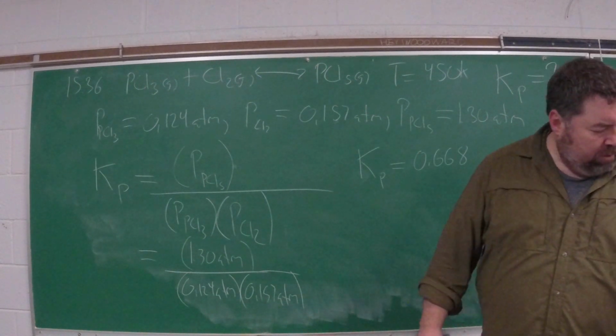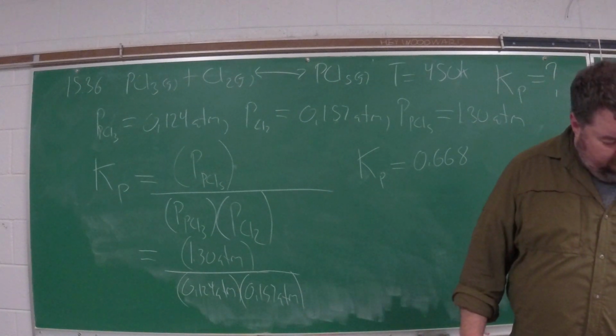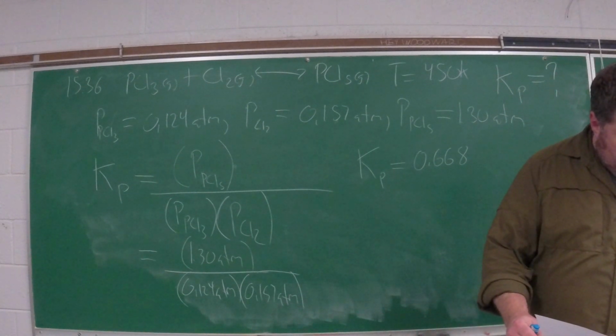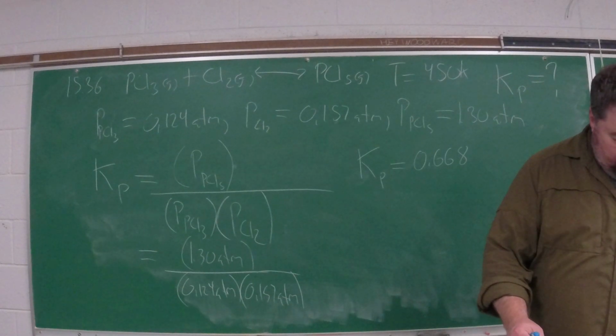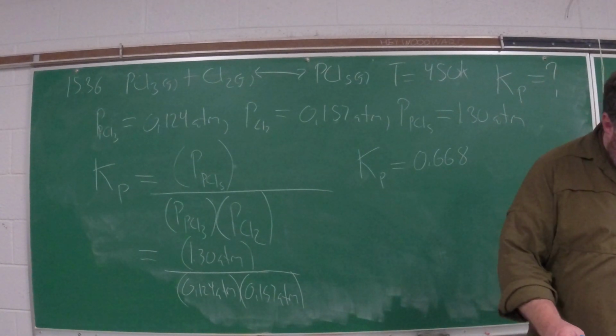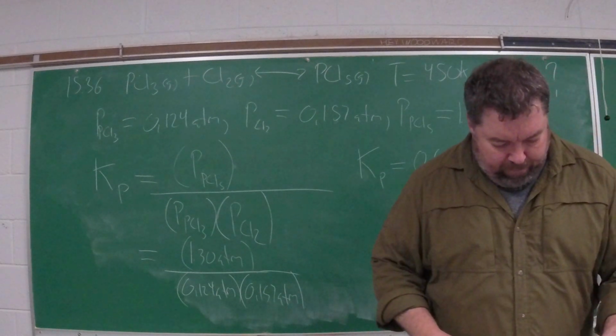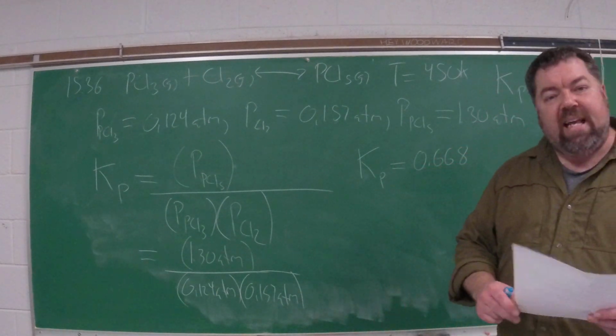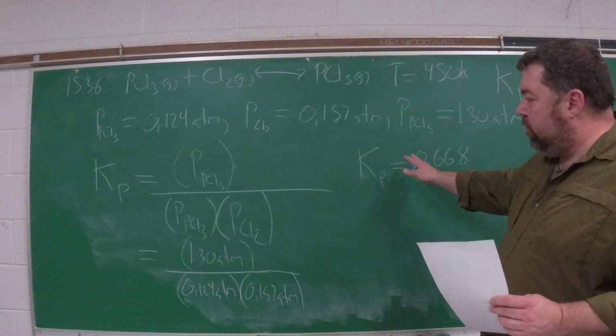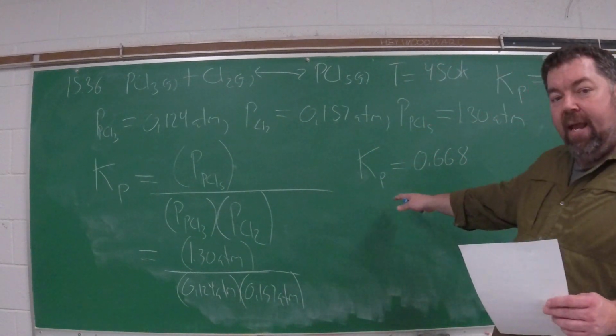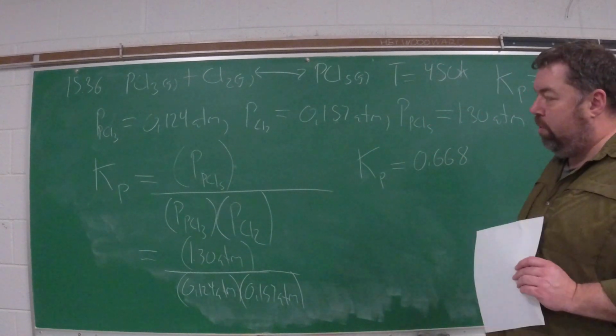Now, let's add another part to this question. Where's my sheet? Let's ask, what is Kc? Okay, so that's the first part, Kp. Now we're gonna ask, what is Kc for this reaction, okay?